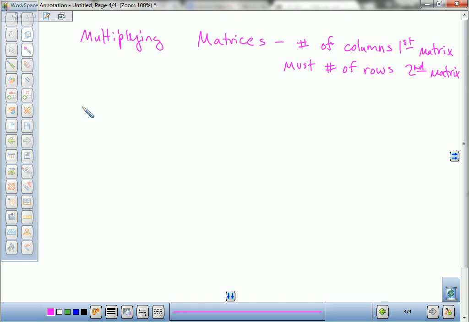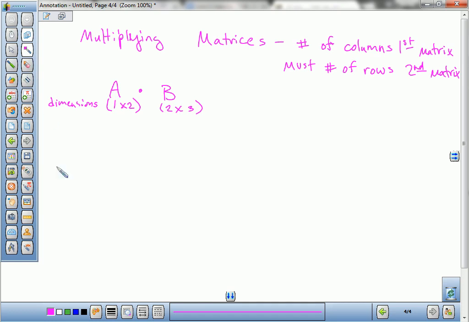So if we had two matrices, and we wanted to find A times B, matrix A times matrix B. Matrix A is a 1 by 2, and matrix B is a 2 by 3. Now this we can do.